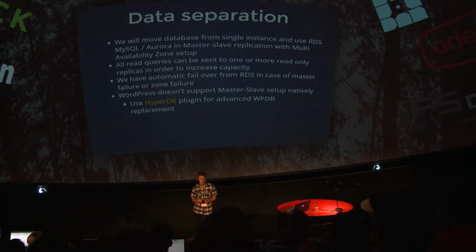WordPress does not support this automatically, but there is one nice plugin, HyperDB, which is a drop-in replacement for wpdb. As much as I know, HyperDB is developed by WordPress.com, and they are using that for their commercial product. HyperDB also supports failover on the application level, and it also has some nice features. Also, RDS will give us automatic failover in case of downtime of our master node.